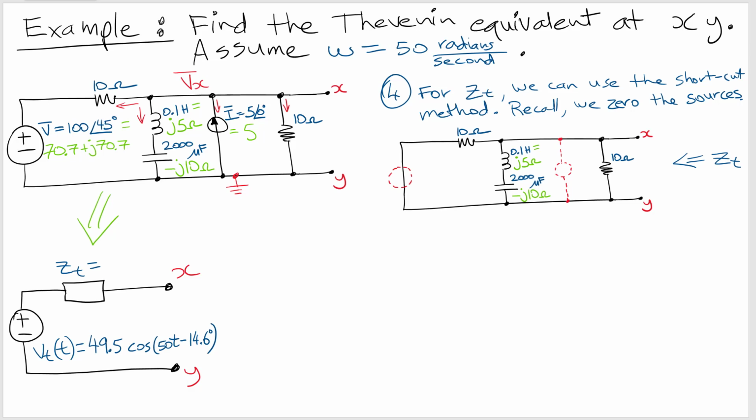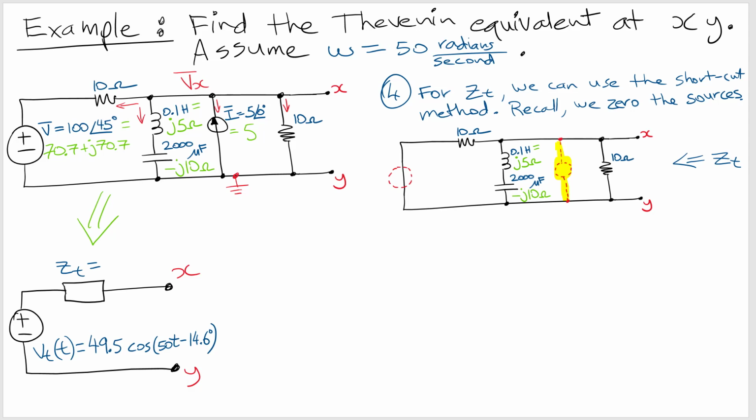And then for the current source, we take that out because we zero the current source, so it becomes 0 amps. So there's no current flowing through that current source. And whenever you have any circuit element that has 0 current flowing through it, you can remove that circuit element from the circuit, and it won't change anything with regards to the circuit.